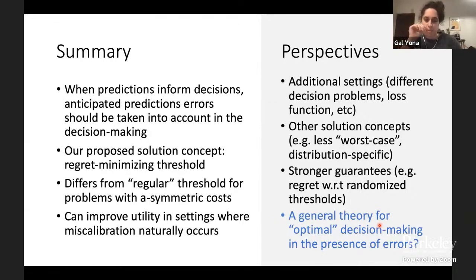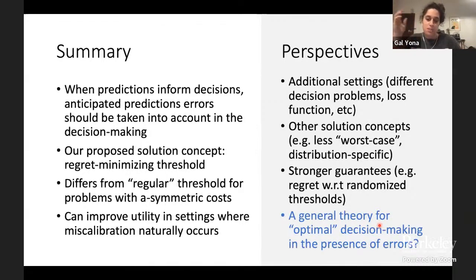What I've presented here is very worst-case in nature because it's distribution free. I'm coming up with a threshold that is the best threshold, irrespective of the predictor that you have at hand. So I think that's one very concrete question.